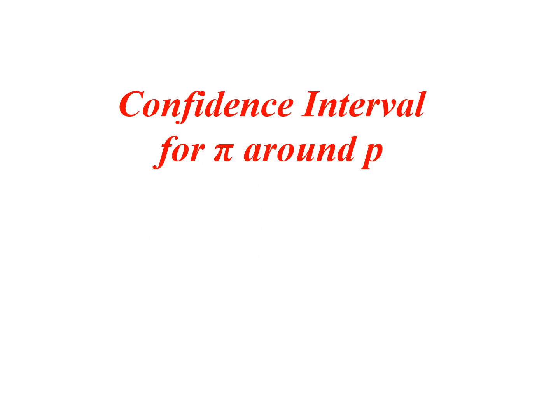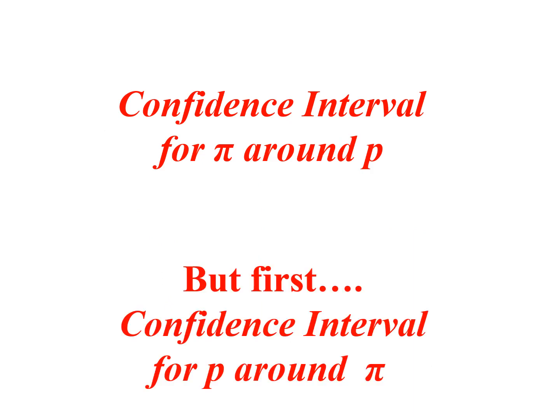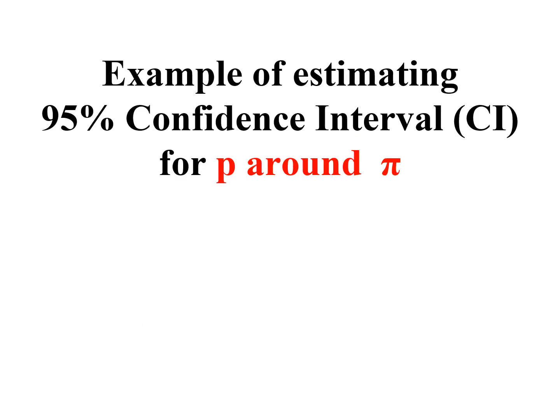Now, the example that we just covered talks about how to find the confidence interval for pi around p. But first, we need to understand the confidence interval for p around pi in order to fully comprehend the confidence interval for pi around p. So we're going to cover an example of estimating the 95% confidence interval for p around pi.